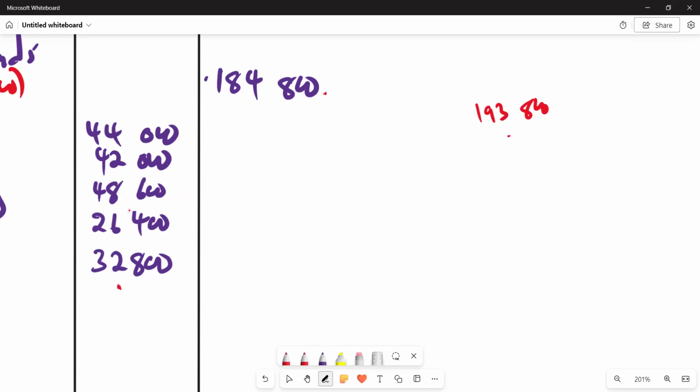And it shows an under recovery. So we show the difference. We're saying 193,800 minus 184,800. And we are going to get an amount of 9,000.